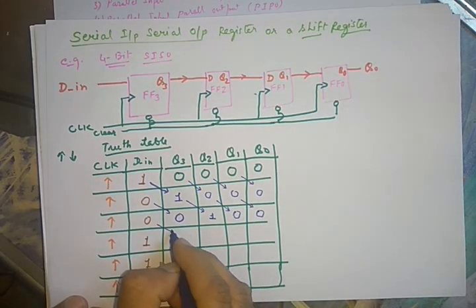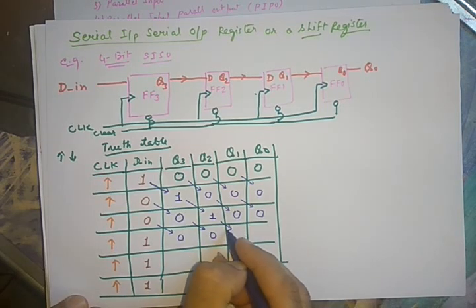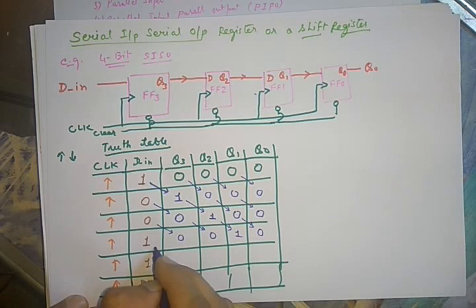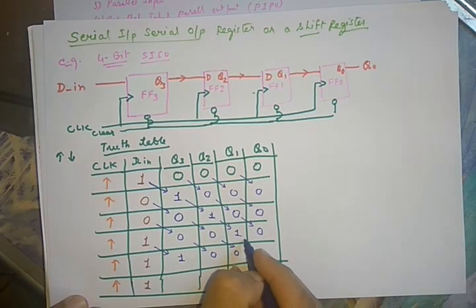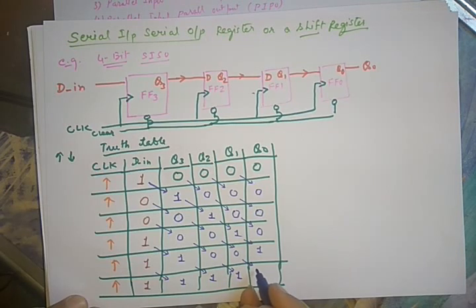After that, this is 0, this is 0, this is 1. Now this is 1, this is 0, this is 0, and this is 1, and this is 1, this will be 1, this will be 1, and this will be 0.